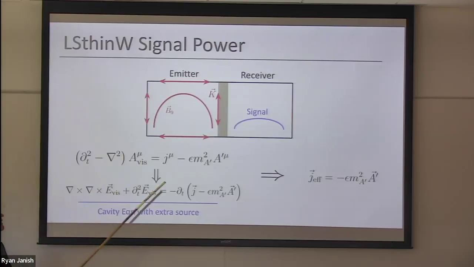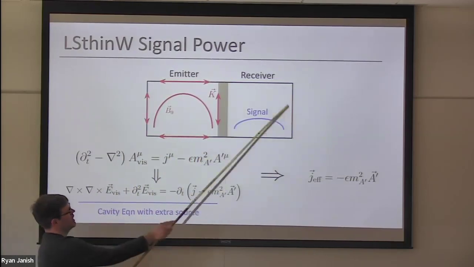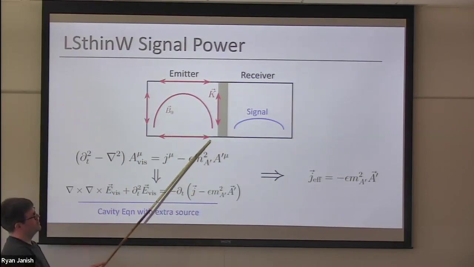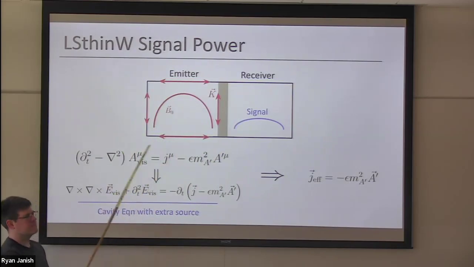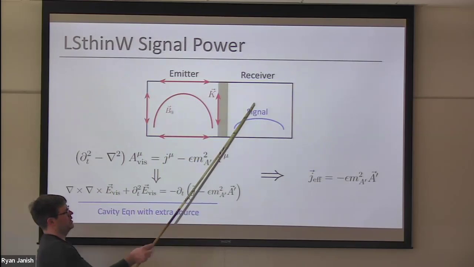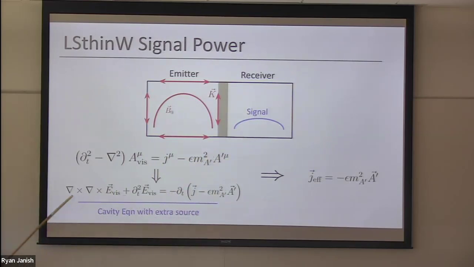The idea is to start and kind of work backwards. So we have some receiver cavity, and next to it is going to be some emitter cavity, which is driven with field. So there's some field inside here, and there are currents flowing on the walls. We ask, well, what signal appears in here? That signal is governed by this equation.